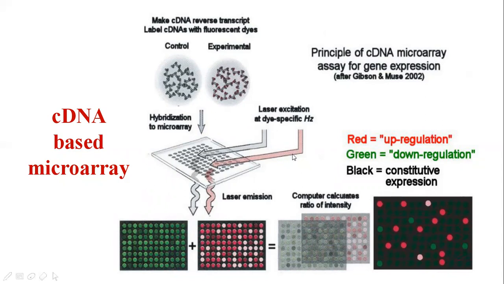Now two types of lasers are used. One will show you the green light, one the red light, and you have to combine them. By combining using some software, you can get this type of picture. The red shows that the DNAs are upregulated. The green shows that DNAs are downregulated, and the black shows that there is no expression change; this is constitutive expression.